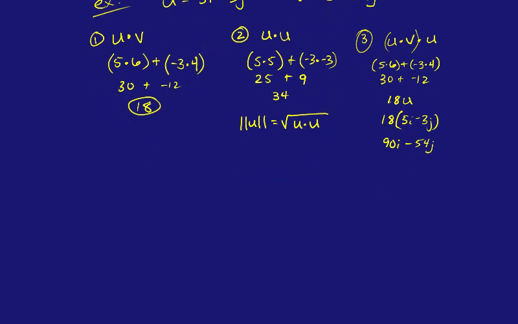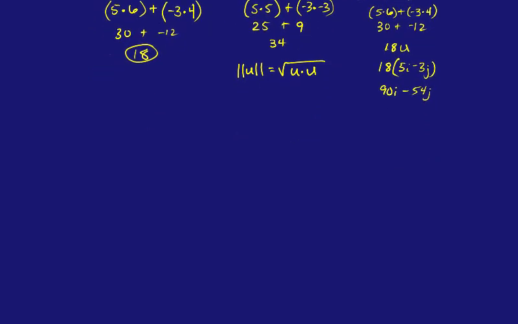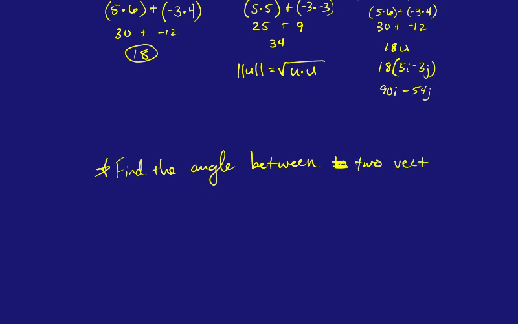Another thing that we can do with the dot product that you might see somebody tell you is that you can find the angle between two vectors using the dot product.